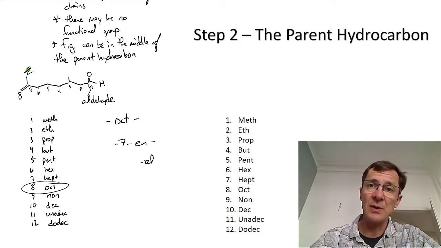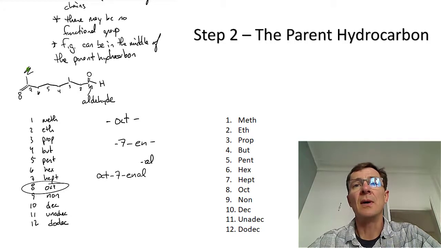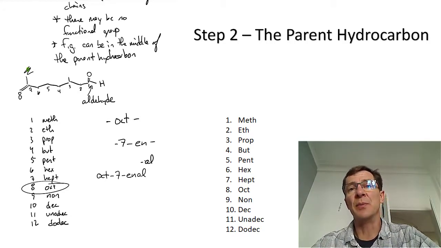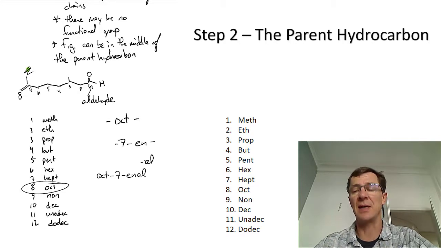So our molecule, ignoring substituents, which we are until the next video, is an oct-7-ene-al. Modern IUPAC, that is where we put the number. We put it right before the thing that it's describing, in this case the alkene.